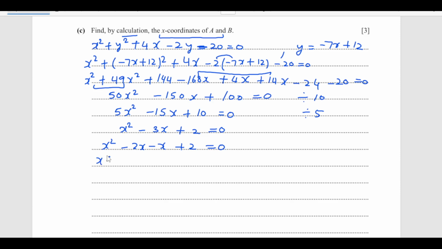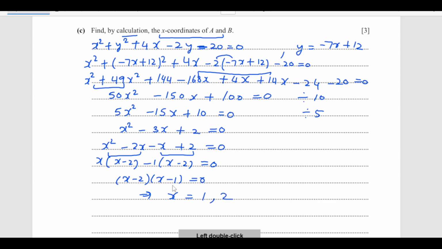So, from here x is common in the first 2 terms, x minus 2, and from here we can take negative 1 common, x minus 2 equals 0, right. So, we have x minus 2 and x minus 1 equals 0. So, this gives us x equals 1 and 2. So, these are our x coordinates. That is what the question was, to find the x coordinates of A and B.